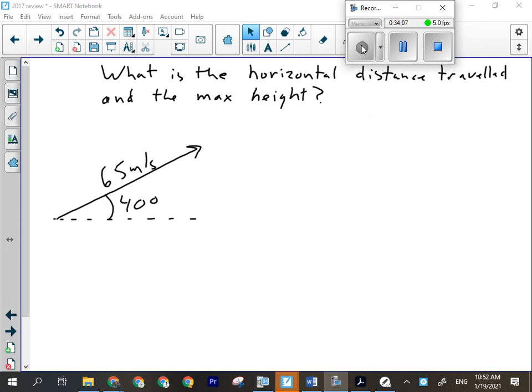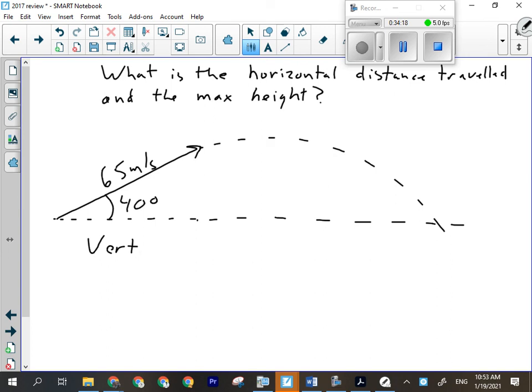Okay, so this object is going to follow a projectile arc that will re-encounter the ground at the same height over there. We want to break this up into our vertical components and horizontal components. So the vertical component is going to be our initial vertical velocity, and the horizontal part will be our constant horizontal speed.